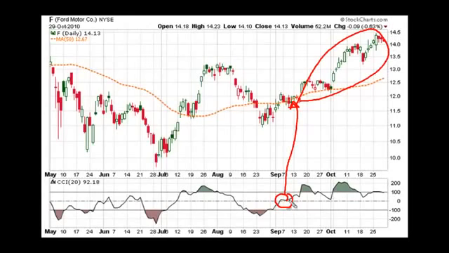And you wouldn't sell the stock until CCI crosses below 0. So it never crosses 0 here, so you would be in the stock participating in this huge move.